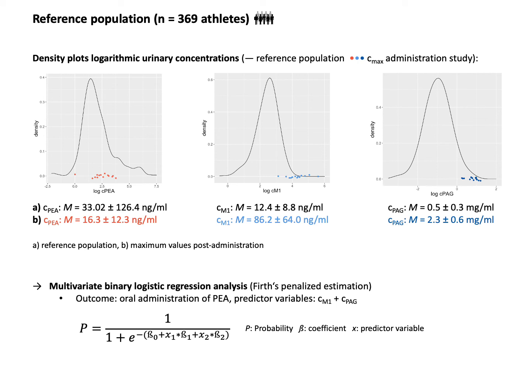For this reason, multivariate binary logistic regression analysis was performed using the urinary concentrations of both M1 and PAG as variables to predict the probability of an oral administration of PEA.